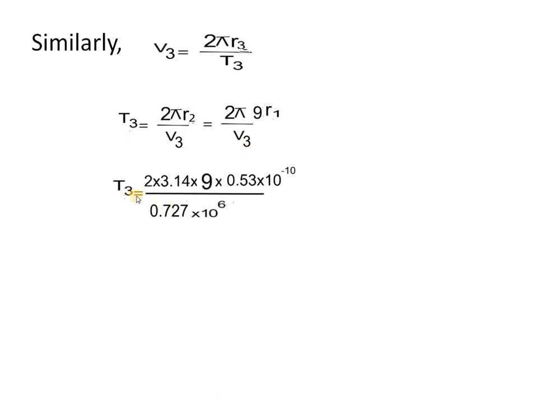If we substitute, T3 equal to 2 into 3.14 into 9 into 0.53 into 10 power minus 10 divided by 0.727 into 10 power 6. If we make the calculation, we will get T3 equal to 41.2 into 10 power minus 16 seconds.